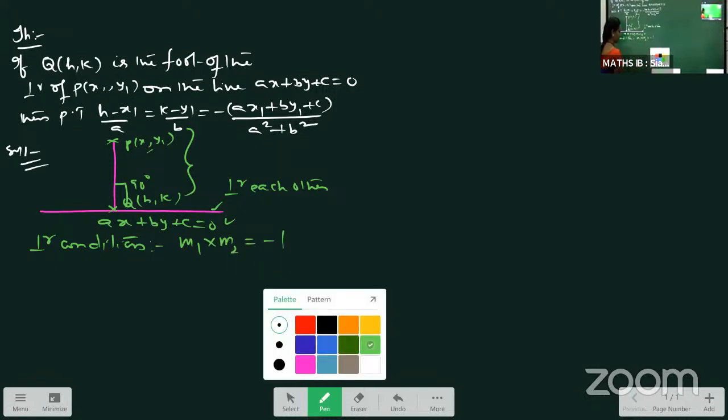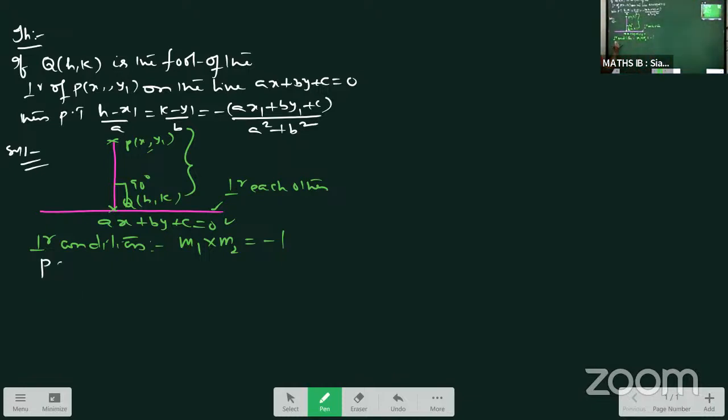So how to take M1? The PQ slope is M1. P is (x1, y1) and Q is (h, k).